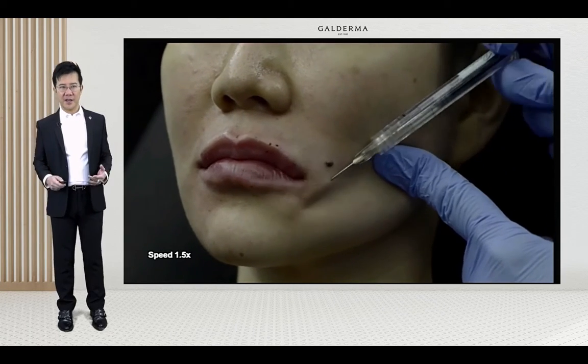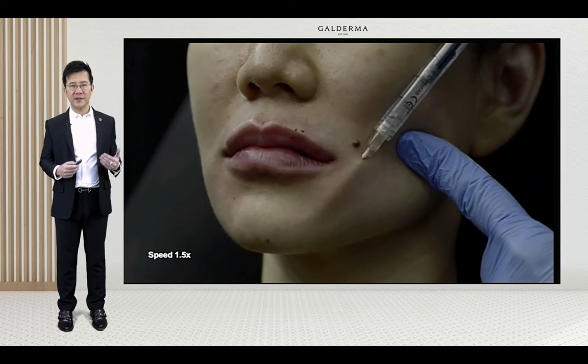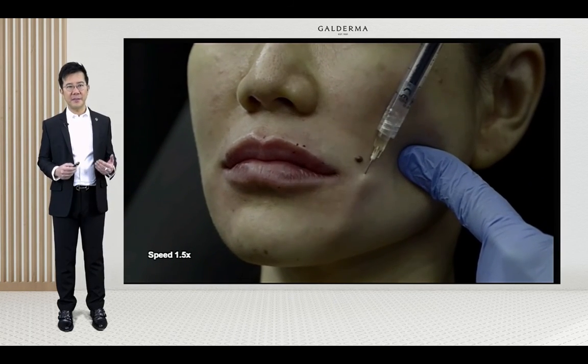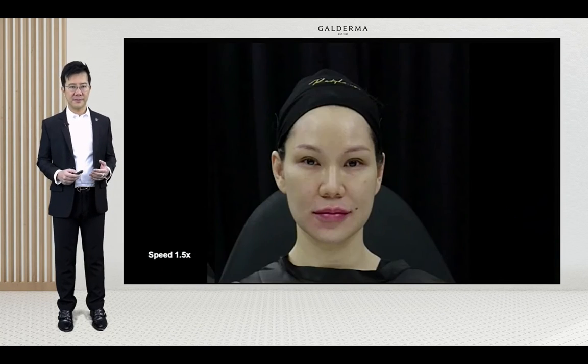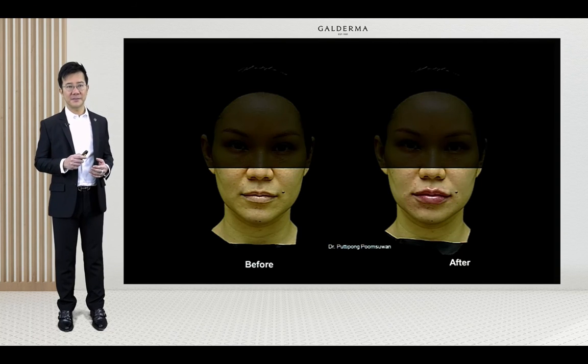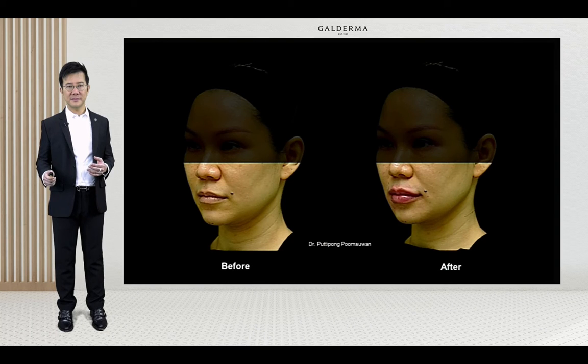For the malleolate area, I use a 25G cannula to inject with retrograde fanning technique in the subcutaneous layer. This will create balance and improve lifting for the corner of the mouth. Again, in this case, before and after.